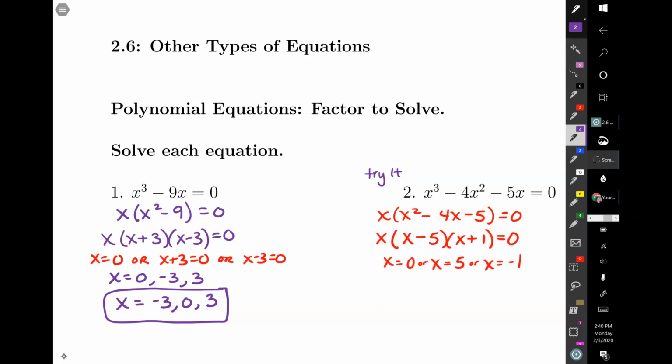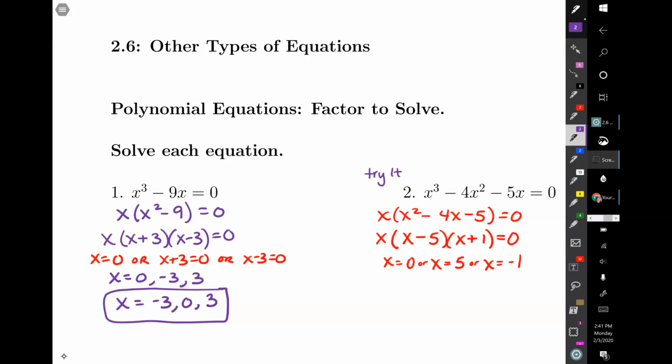x times quantity x squared minus 4x minus 5, in parentheses, equals 0. So that is my first go at it, getting out the greatest common factor. Now I look at that trinomial and I can factor that also. So I have x times binomial x minus 5 times x plus 1 equals 0. Set each factor equal to 0.